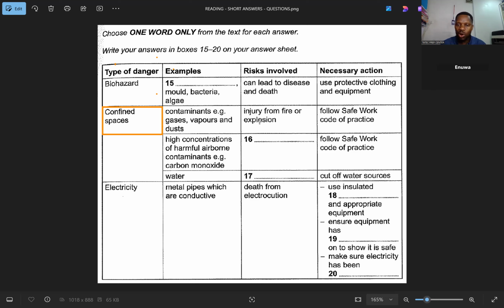No answer is required there. Under it, you have 16. So you want to read to find out what risks are involved under confined spaces, because this is where your answer falls. So we have to work this out very quickly.